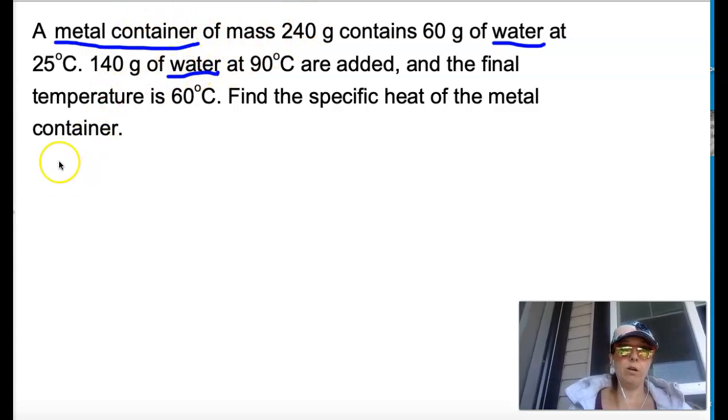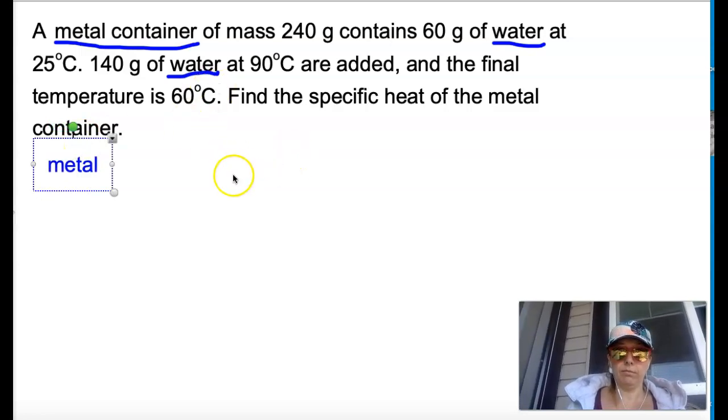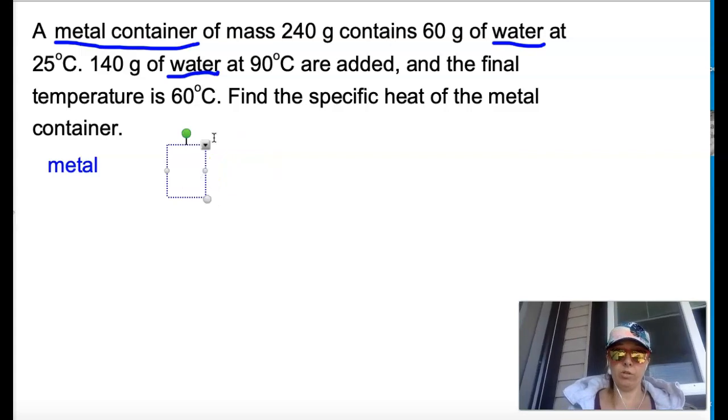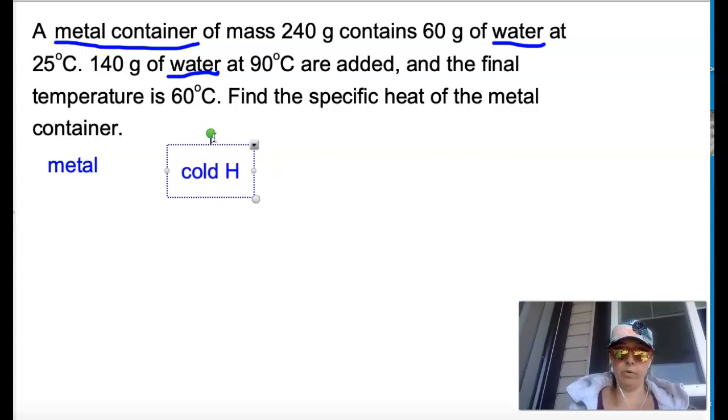So when we list out our givens, we have the metal container, we have the water that was in it, which started at 25, and then we have the water that we add to it, which is at 90. So I'm going to call the water that was originally in it the cold water, just because it's at a colder temperature. You also could just call it water 1, water 2, whatever you want to do.